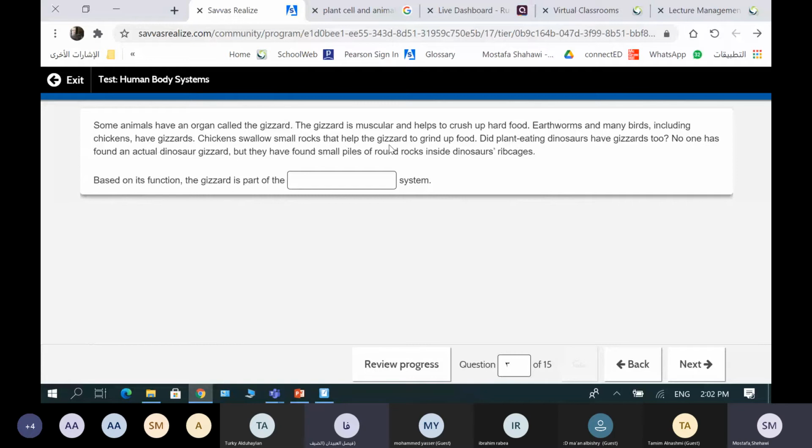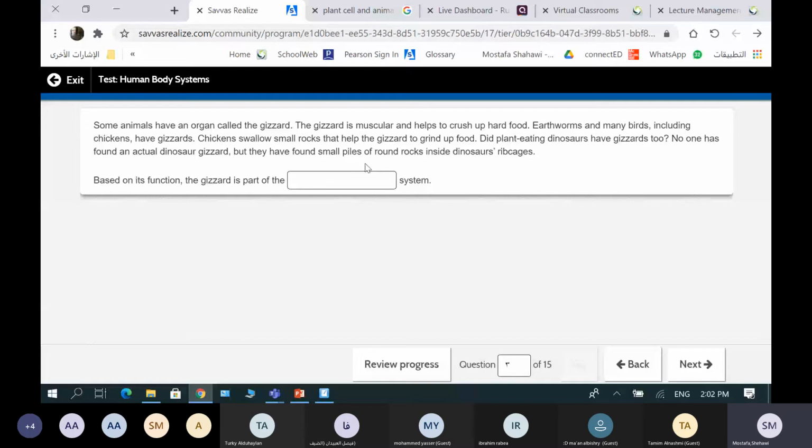Did plant-eating dinosaurs have gizzards too? No one has found an actual dinosaur gizzard, but they have found small piles of round rocks inside dinosaurs' rib cage.